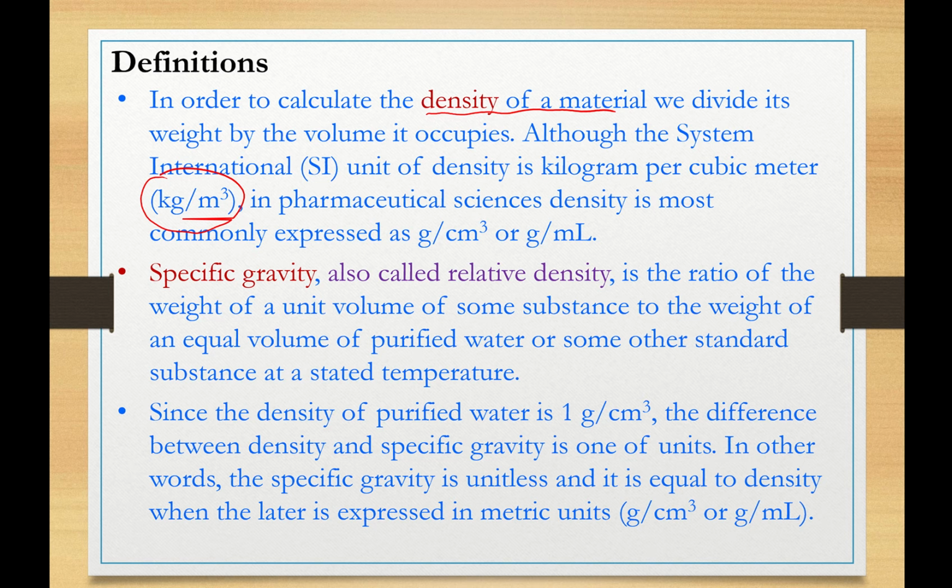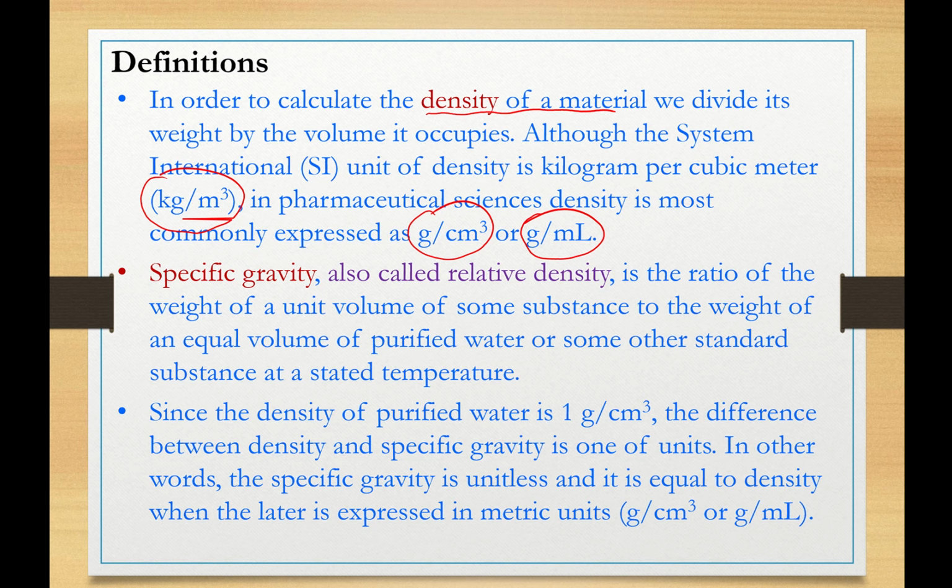But in pharmaceutical sciences, we commonly use units of grams per cubic centimeter or grams per mL, because pharmaceutical ingredients are usually solids. They don't expand that much, as gases do, and that's why we most conveniently use grams per mL.